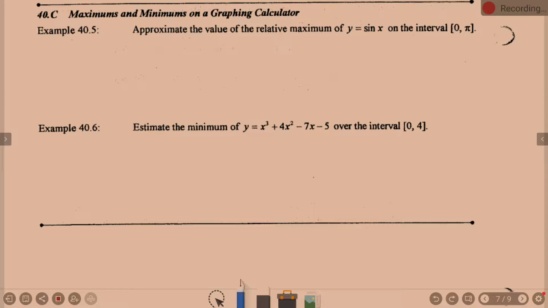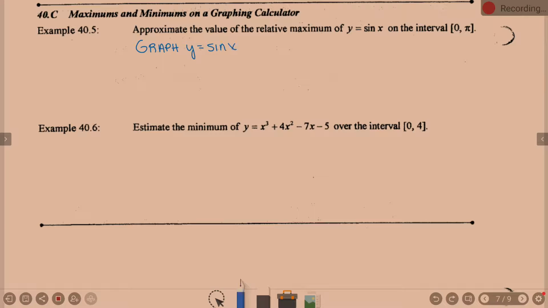Now I am going to give you a few tricks of ways to make the calculator a little bit easier, but what are we going to do here? We're going to graph y equals sine x.